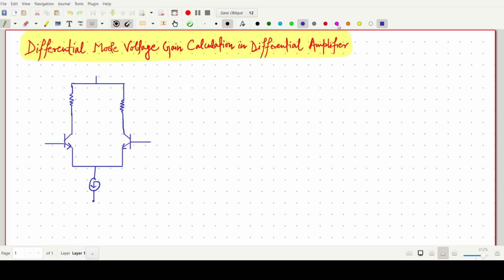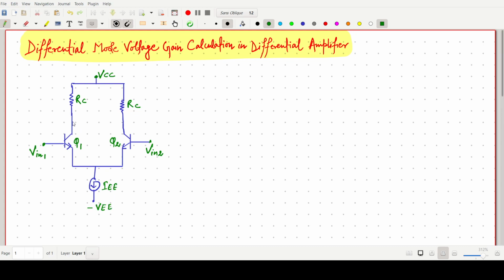Now we have to put the values. This supply is our VCC. We are thinking that both the collector resistances are the same. This one is our Q1 transistor, Q2 transistor, and this one is V in 1, and this one is our V in 2, and some ideal current source, say IEE, and minus VEE.